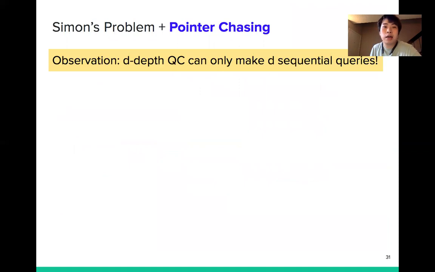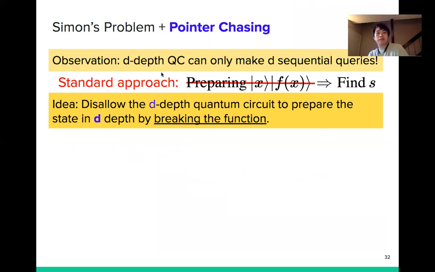So our idea is that, okay, this is not enough, so we try to make it hard. We have an observation that a d-depth quantum computer can only make d sequential queries. We mentioned this a few slides ago. So we try to falsify the standard approach. We call this idea pointer tracing. The idea is that we try to disallow the d-depth quantum computer from preparing the state in d depth by breaking the function.